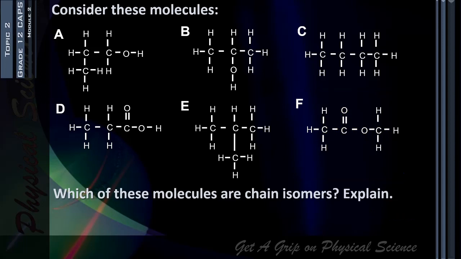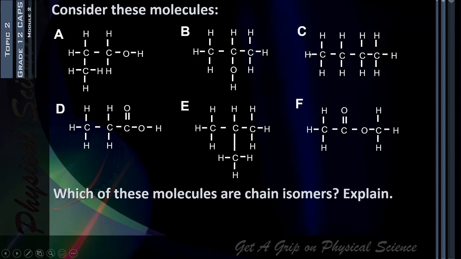Which of these molecules are chain isomers? Explain. So for chain isomers, we will be looking for molecules with the same molecular formula but different chains. Now E has a branch. So E is a possible chain isomer, and we will be looking for another molecule with 4 carbons and 10 hydrogens, but with a different chain.